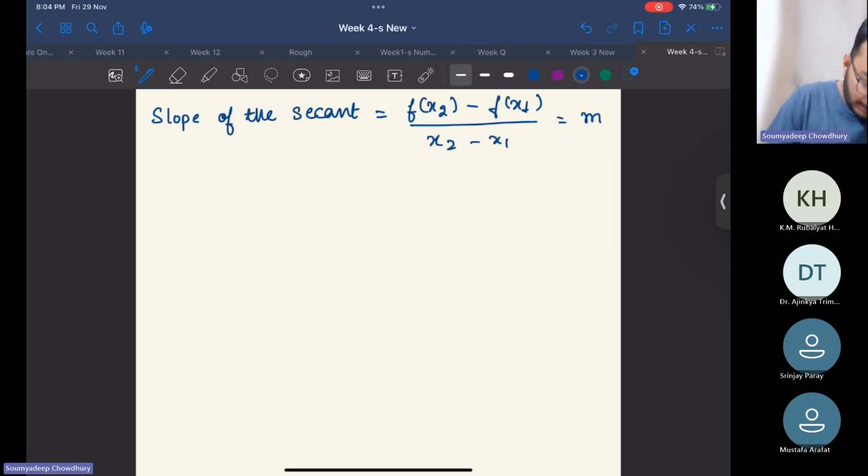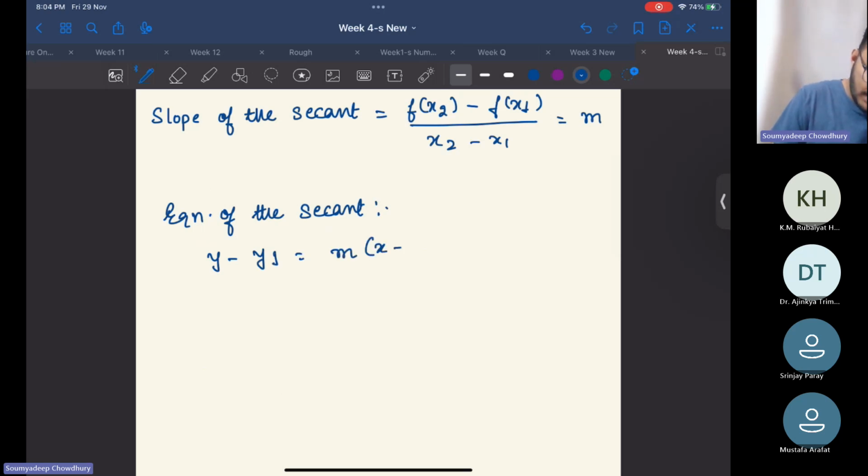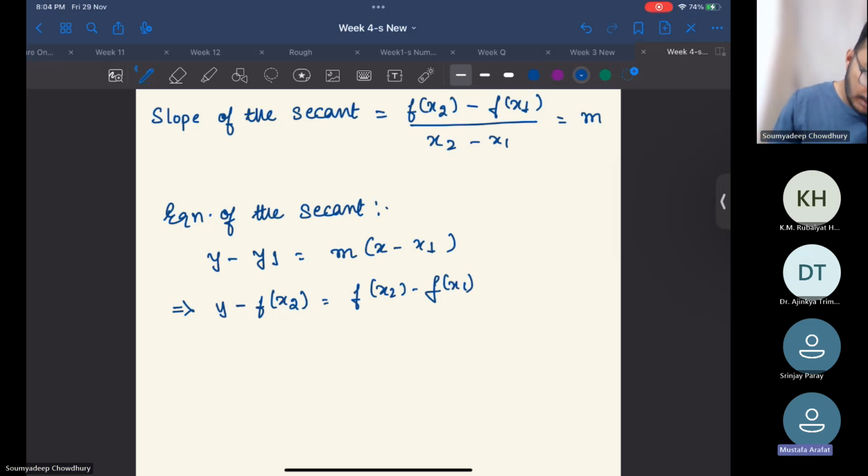So if we want to find out the equation of the secant, it is basically y minus y1 equal to m into x minus x1, right? So it is y minus y1 is f of x2. Slope is this one, f of x2 minus f of x1 upon x2 minus x1, this is m.